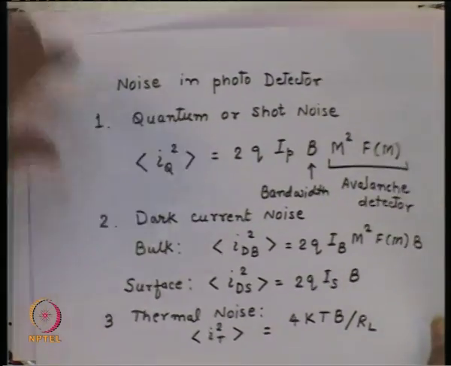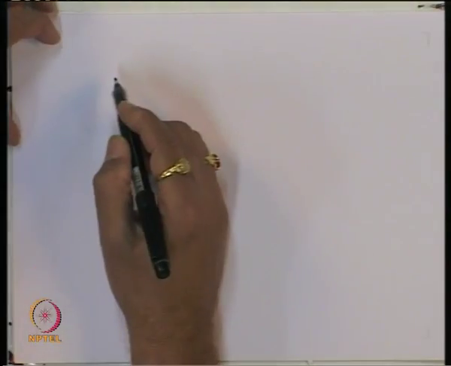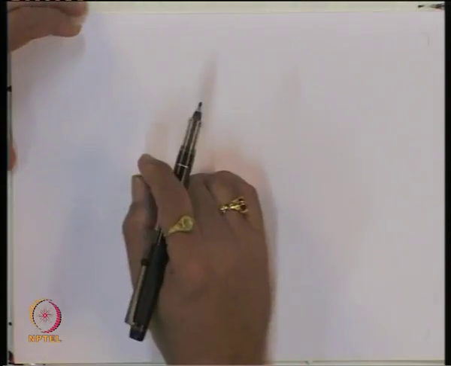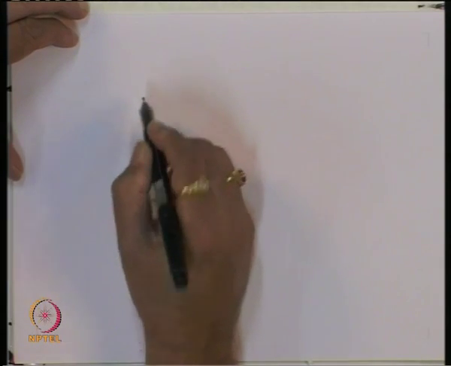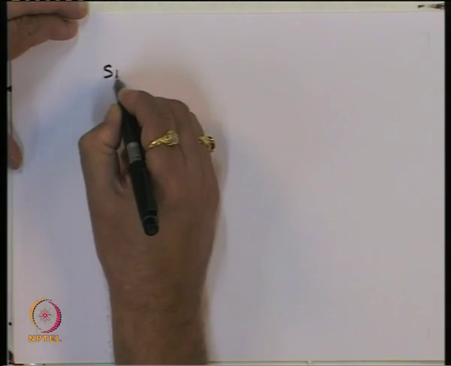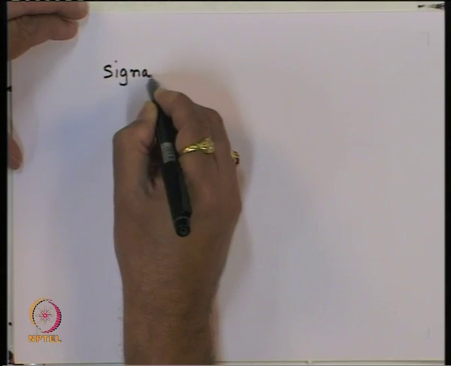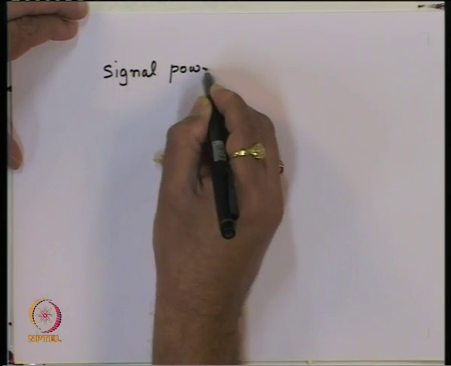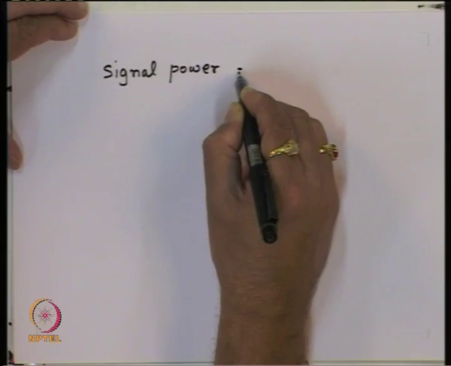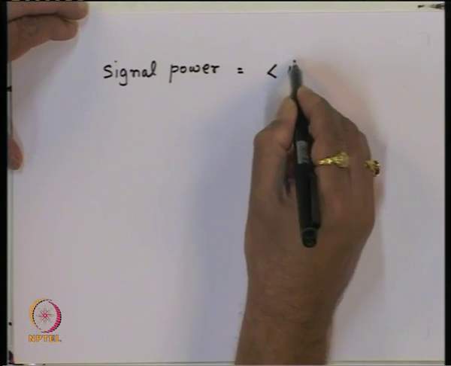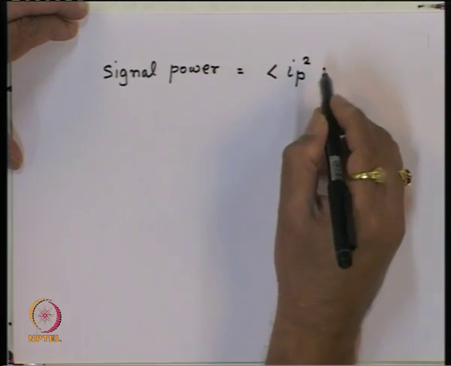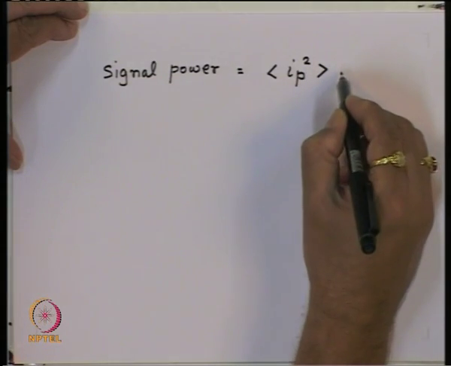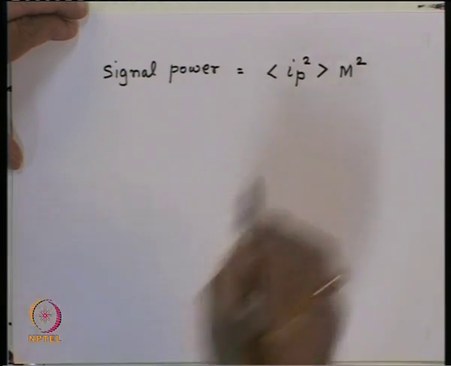So, now one can get these noises, then we can write down the signal to noise ratio. So, if I say that the signal has a current which is I_P, I can get the signal power, which is I_P squared times M squared if you are using the avalanche photodetector.